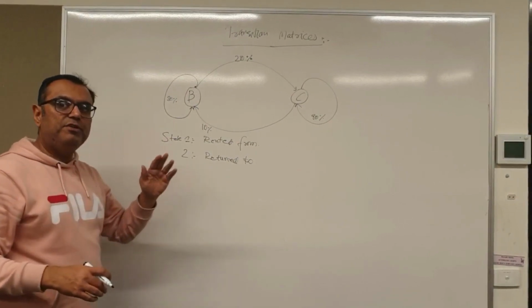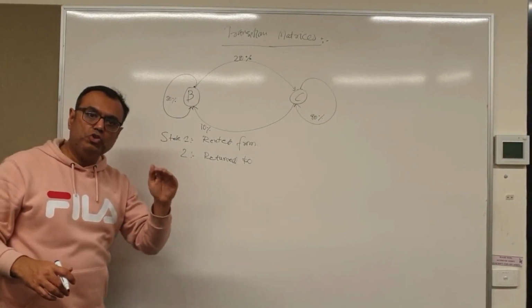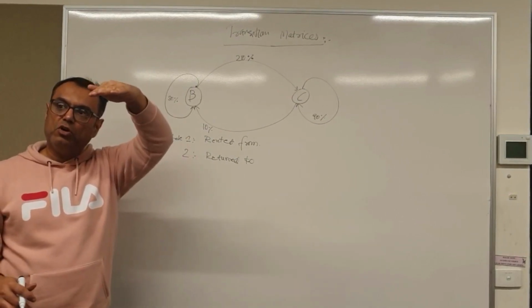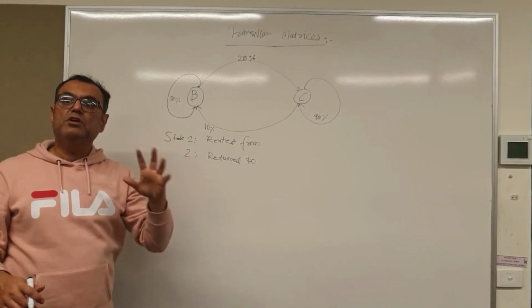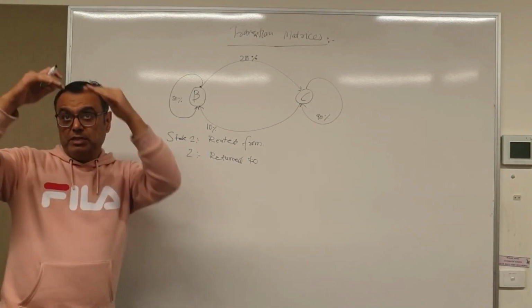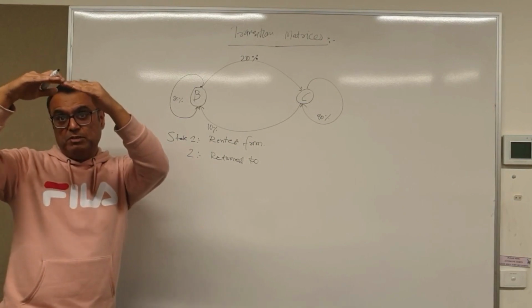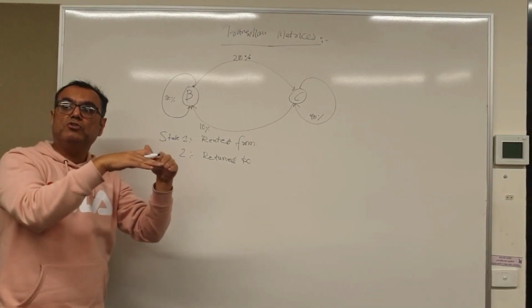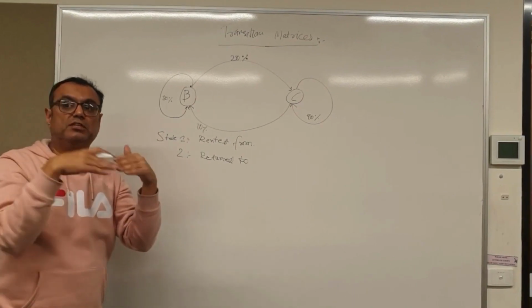So far what we have done is that we are used to reading the rows first and then we go to the corresponding columns. In the world of transition matrices, it is the other way around. You read the column first, which is the present state, and you refer to the corresponding row, which is the future state. So let's see how.